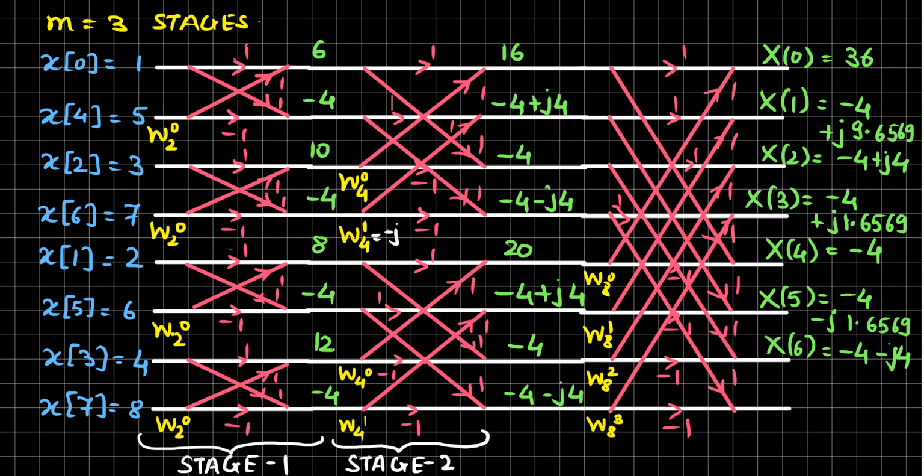Similarly, this point here can be obtained as minus 4 minus j4 minus w8 to the power 3 into minus 4 minus j4. So the value that we get here is x of 7, which comes out to be minus 4 minus j times 9.6569.